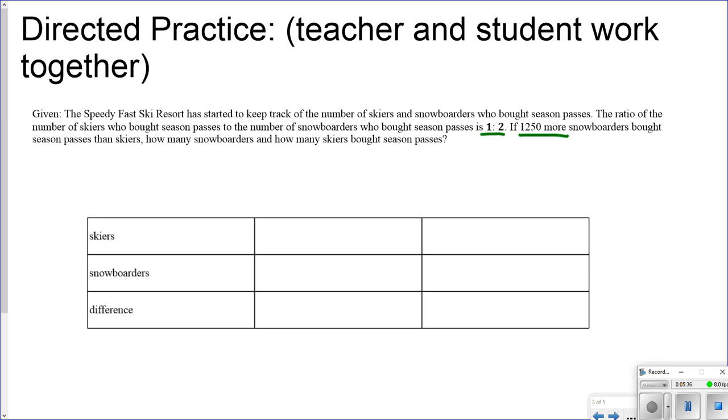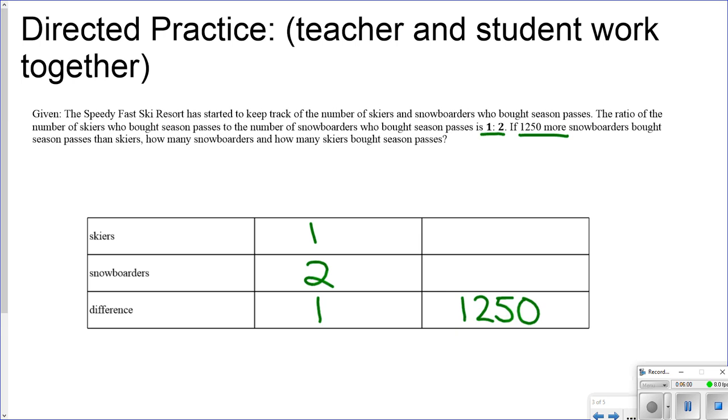So I've already started the table with skiers, snowboarders, and difference. So the skiers are 1 to 2 for the ratio, and the difference between 2 and 1 is 1. And over in the difference, we have 1,250 for that amount.